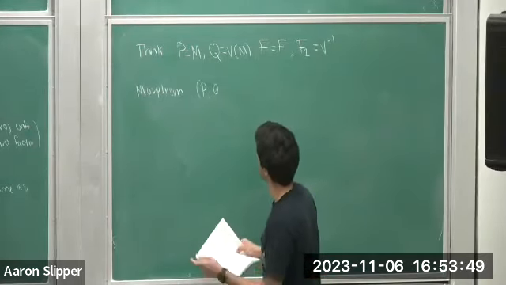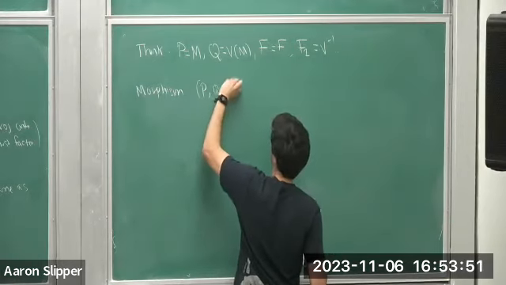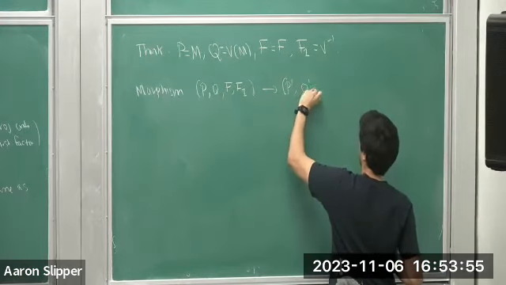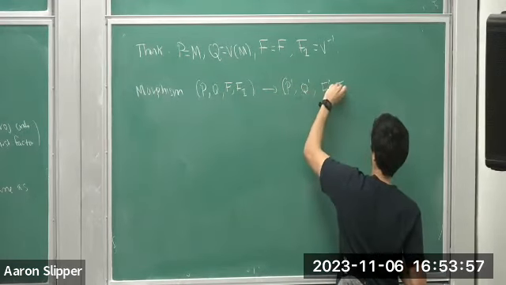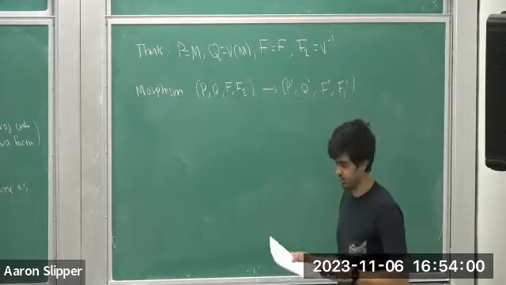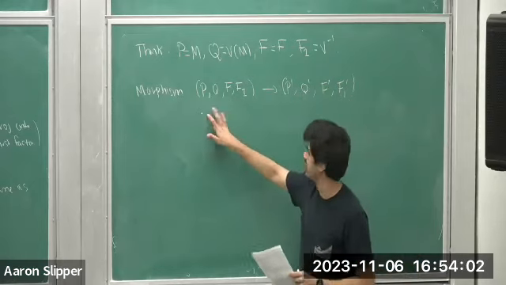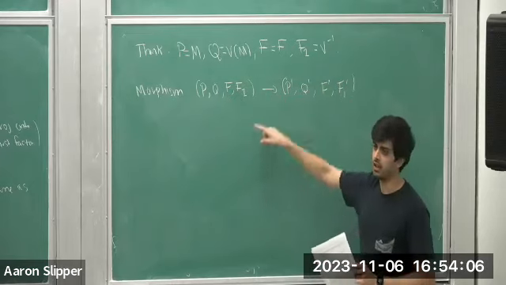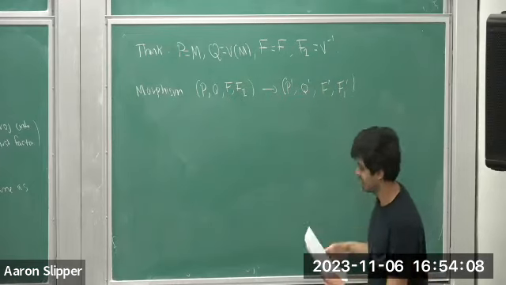So a morphism of displays is just kind of what you think it should be. It's a map from P to P prime that takes Q to Q prime and commutes with applying F prime and F1 prime.